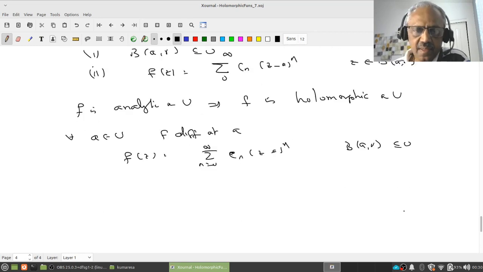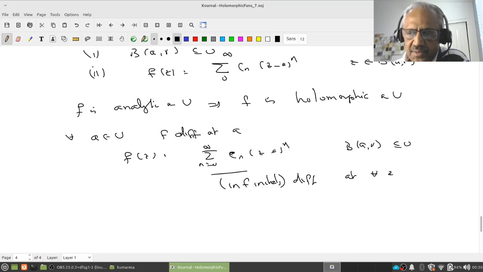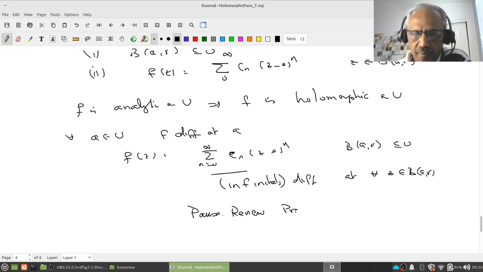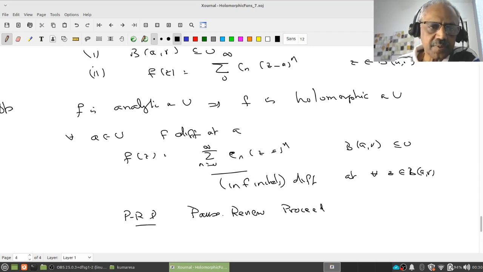And we know this power series is infinitely differentiable, and in particular differentiable at each and every z in B(a,r), in particular at a. Therefore this is clear. So pause, review, proceed.